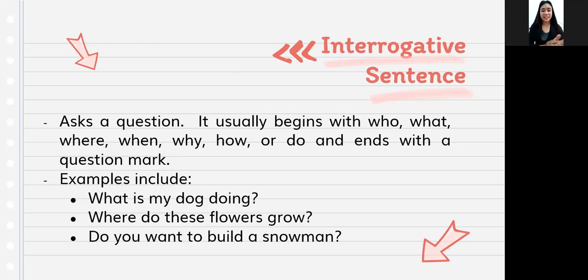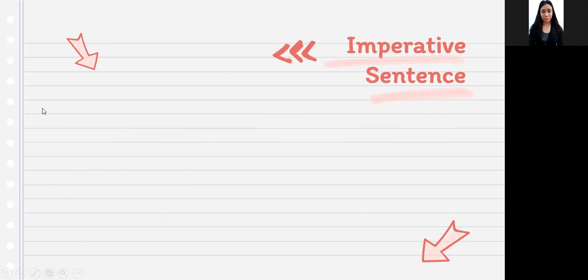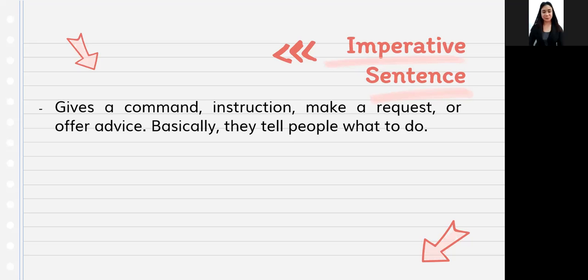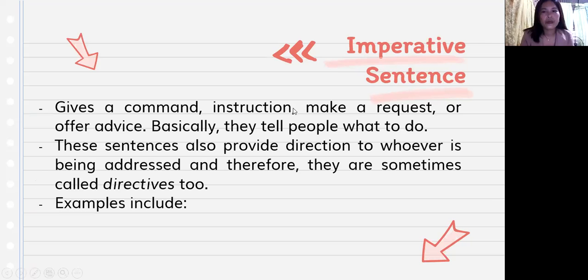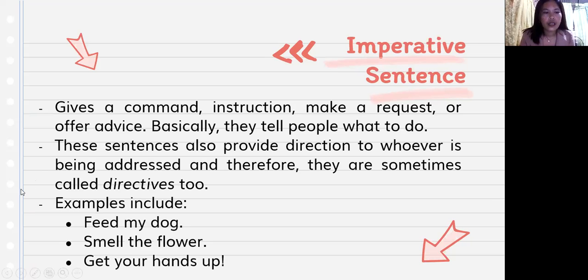So next, imperative sentence. You can read the imperative sentence on the screen.